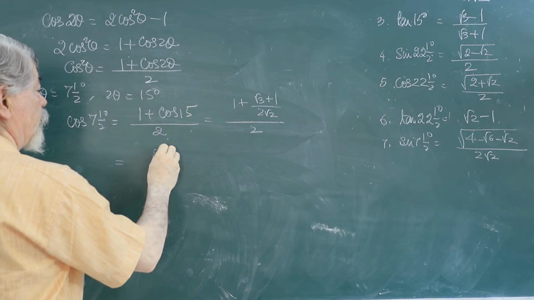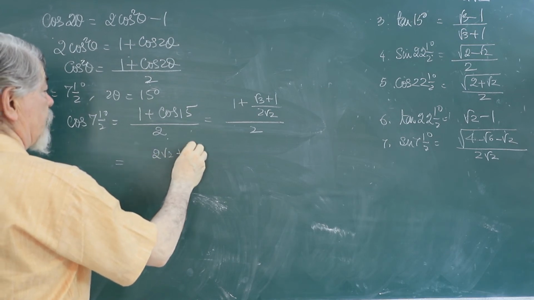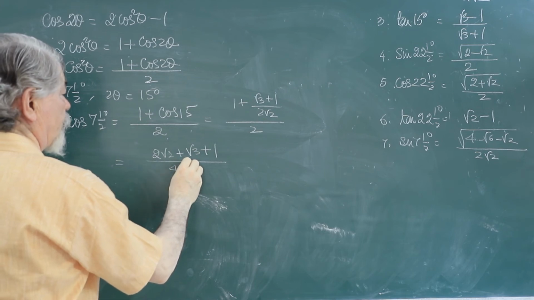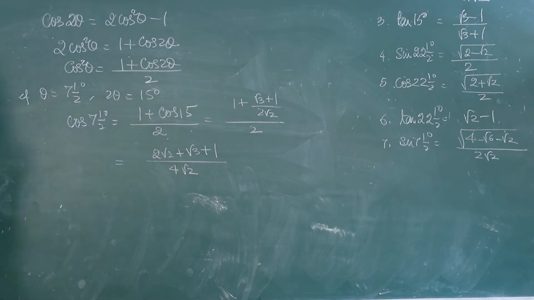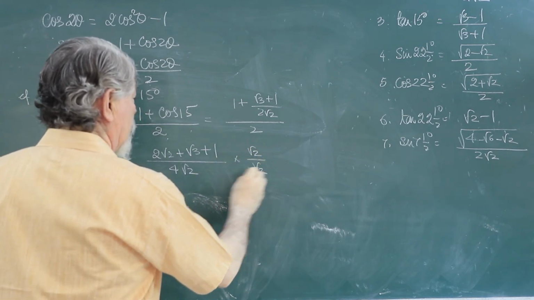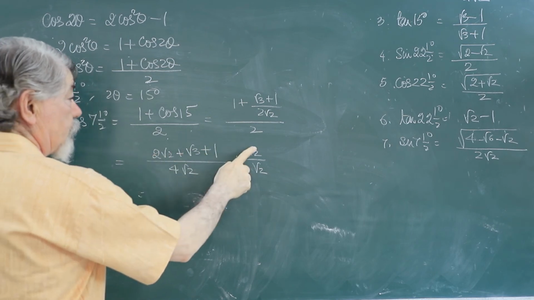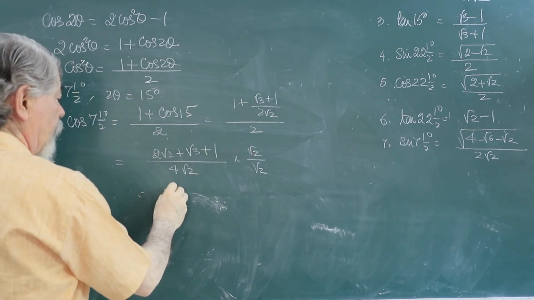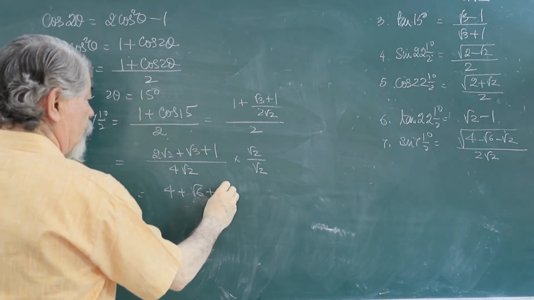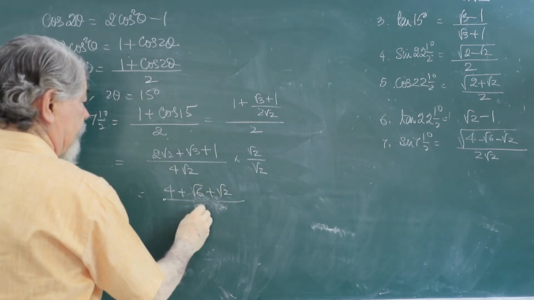It will become 2 root 2 plus root 3 plus 1 upon 4 root 2. Again we can multiply it by root 2 and root 2. We will get 2 into root 2 will be 4 plus root 6 plus root 2 upon 8.